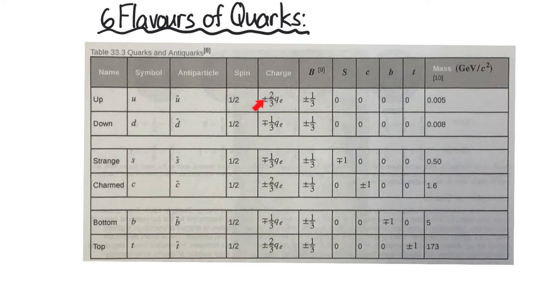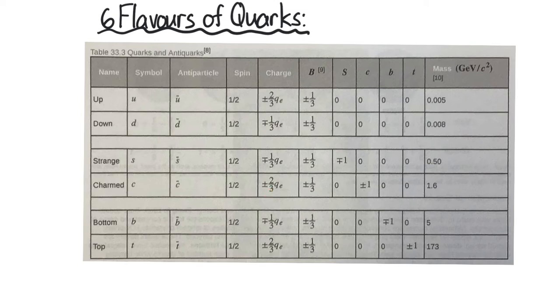The plus charge is for the particle, and the negative charge, the sign at the bottom, is for the antiparticle. So we can see the anti-up quark has a negative 2/3 charge, and the antiparticle for the charmed quark will be a negative 2/3.